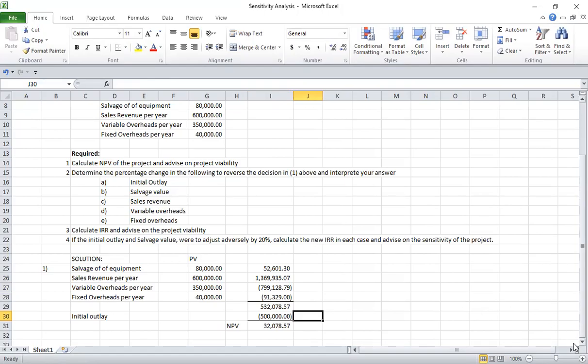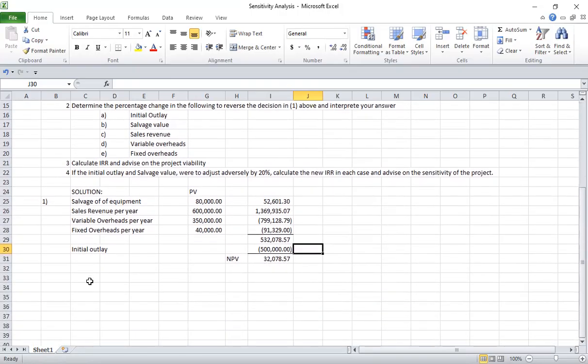All right, so with that, I think we can continue to what is required in number 2. Number 2 wants that we compute the percentage change in the following to reverse the decision made in number 1, and then interpret your answer. Now, first of all, what was our decision criteria? When we have a positive 32 thousand NPV, is the project viable or not? Viable. So it's viable.